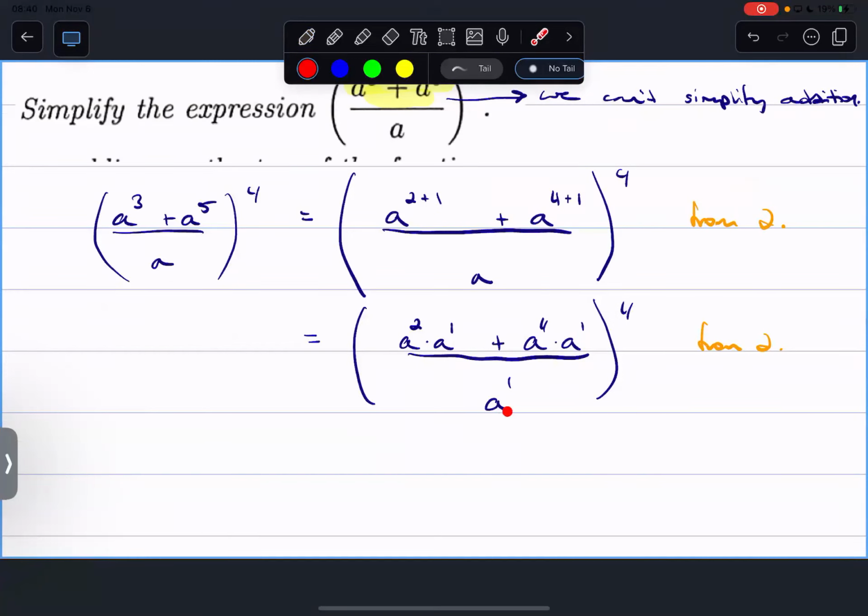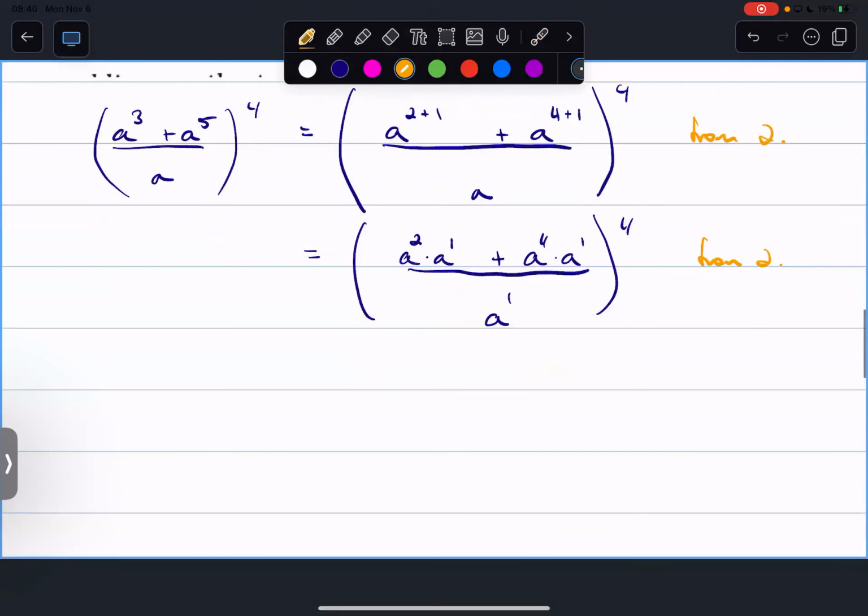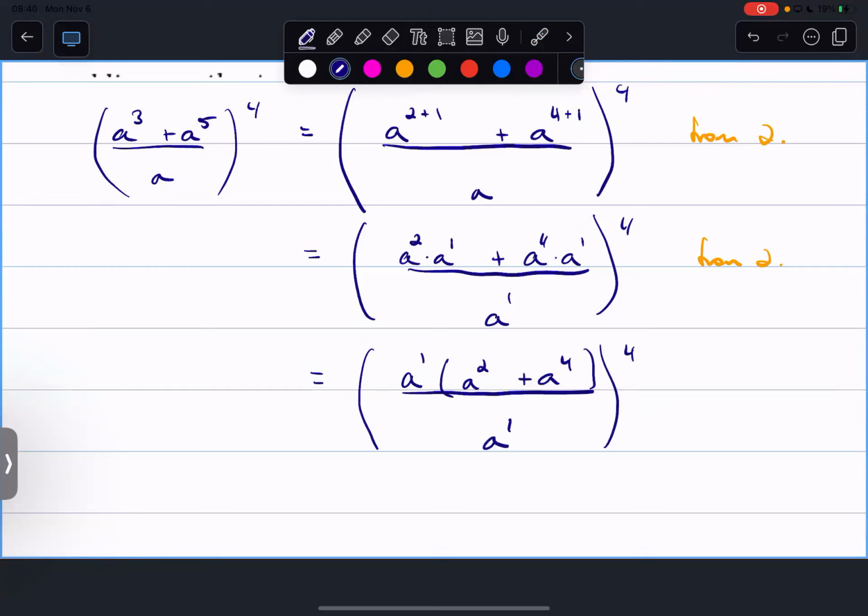And so now you could pull it out here or just cancel right away. That's up to you. What would you like to do? Cancel right away? Pull it out maybe. That will be proper. A to the power of 1 times a to the power of 2 plus a to the power of 4, over a to the power of 1.